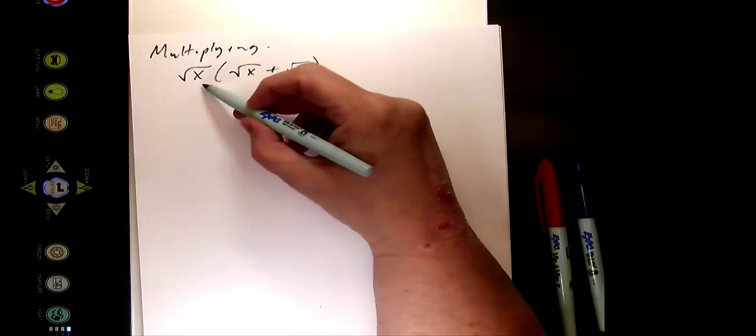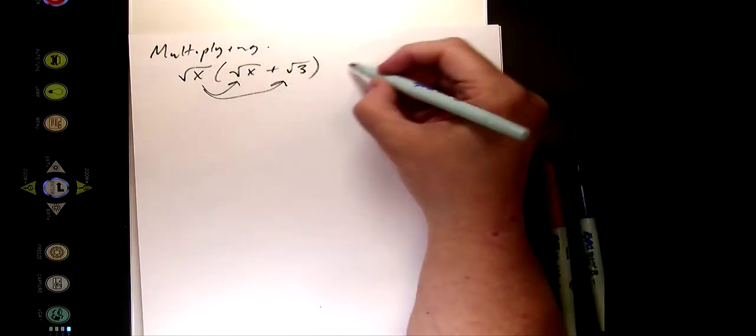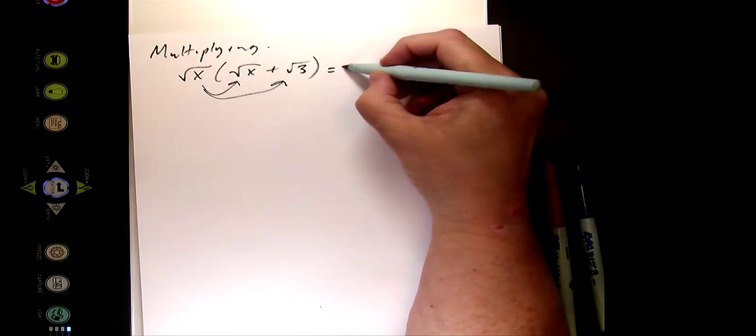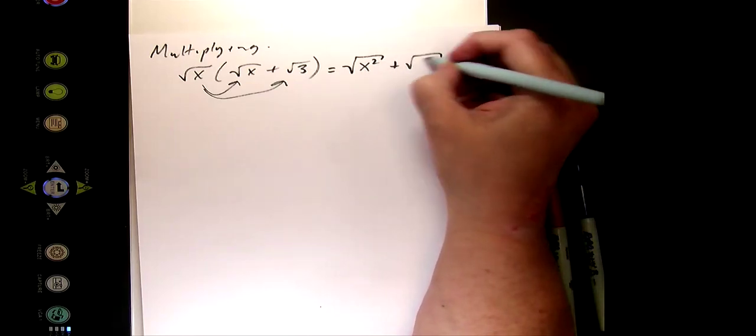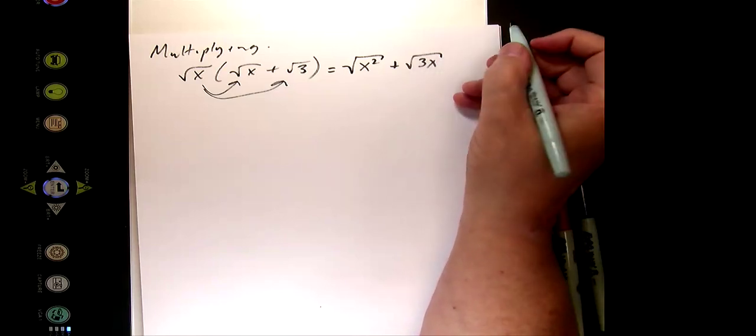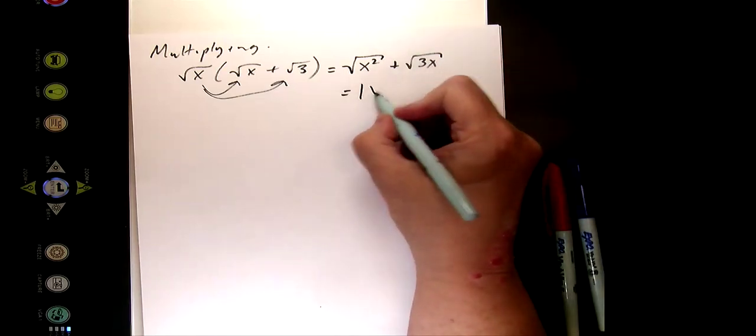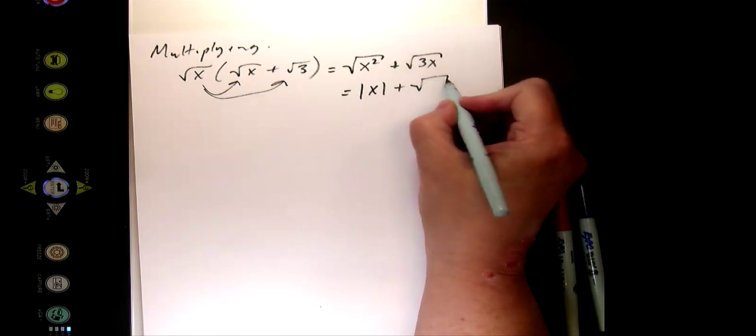We're gonna do just like we did with regular distribution. This would be square root of x squared plus square root of 3x, or the absolute value of x plus the square root of 3x.